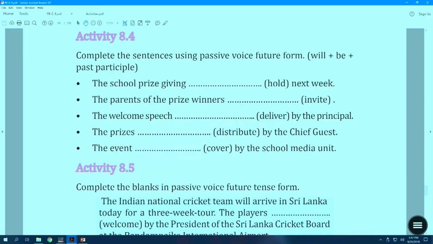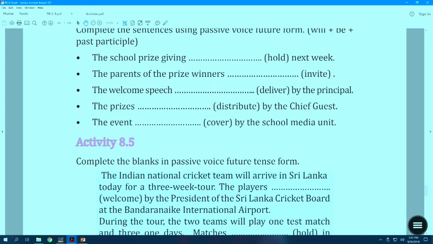Complete the sentences using the passive voice future form. How? The formation is given: will plus be plus past participle. Right. Then we will go through one by one.